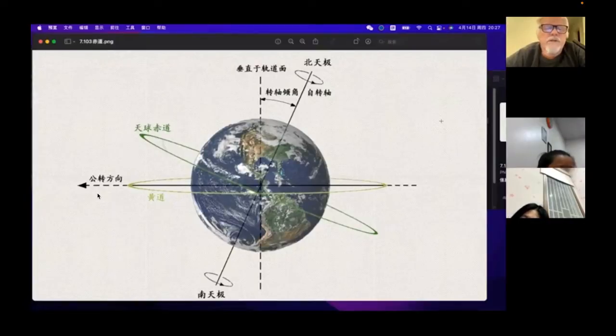如果你看地球，如果你看这个赤道上面的星星，这个是叫天球赤道。星星好像是要绕过地球。可是我问我自己，为什么叫赤道？Why do they call it the red path?